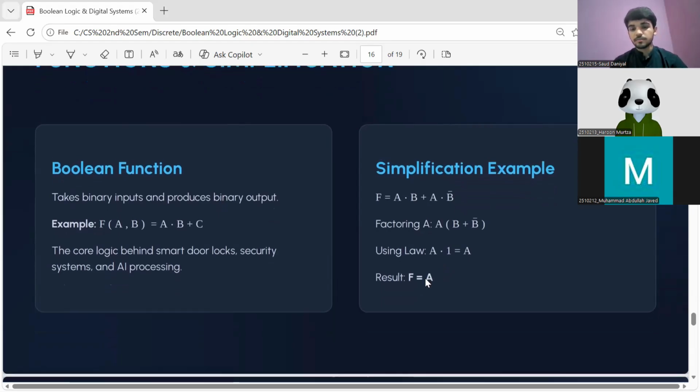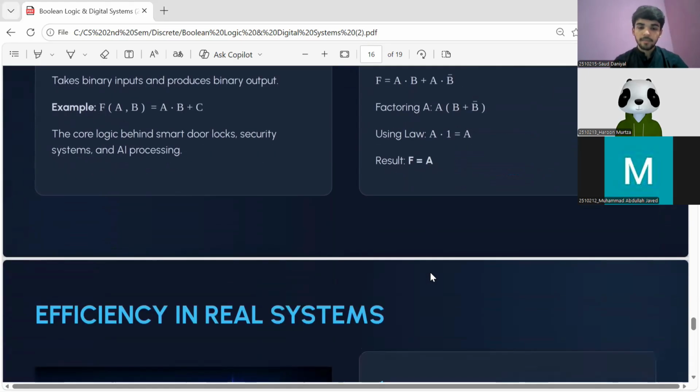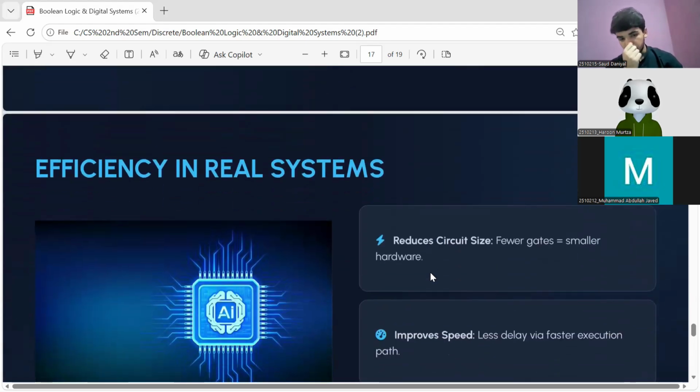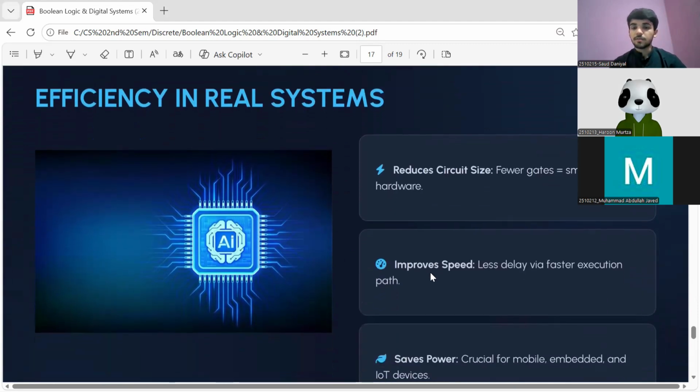Initially we have 4 gates, but after simplification we use no gates, because the simplification law states that. Then the efficiency in real systems. Why do we use simplification and Boolean algebra? We can minimize the level of circuits by using fewer gates.